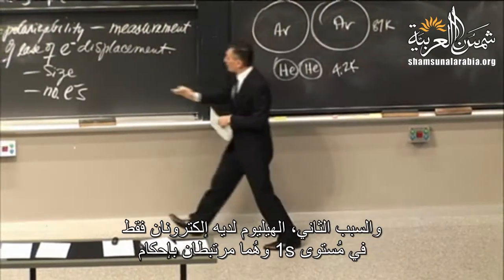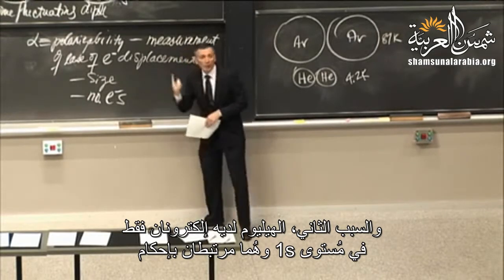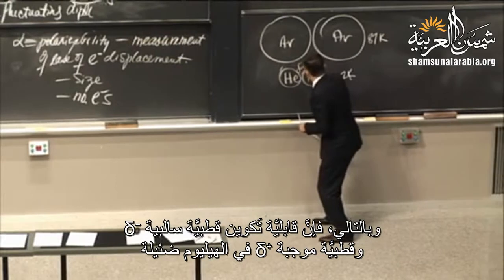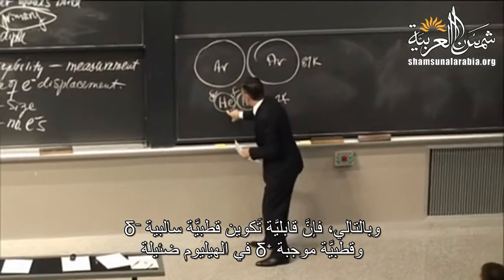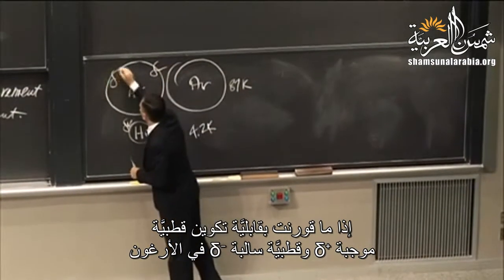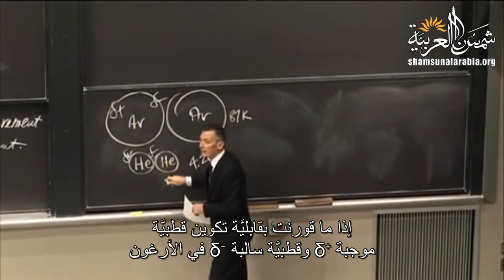And secondly, there are only two electrons, and they're in 1s, and they're tightly held. And so the delta minus, delta plus capable of being created in helium is tiny compared to the delta minus, delta plus that can be created in argon.